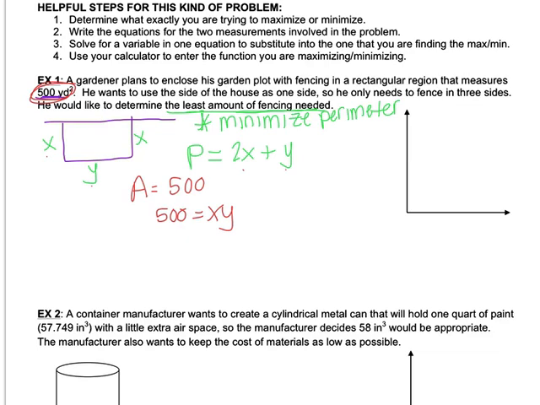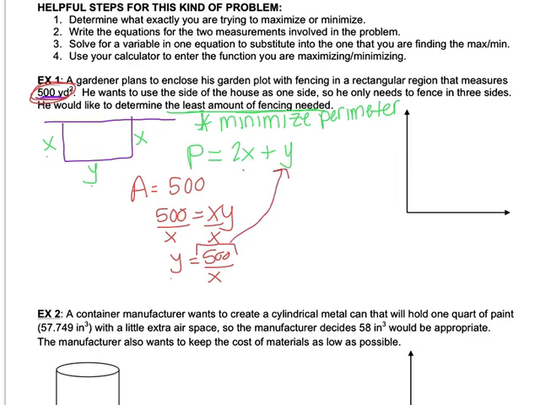So let's solve for y here by dividing both sides by x. You get y equals 500 divided by x. So this all stems from the area function. But the good thing is, since I can represent y just in terms of x, I can take this whole thing right here and plug it into y right there.